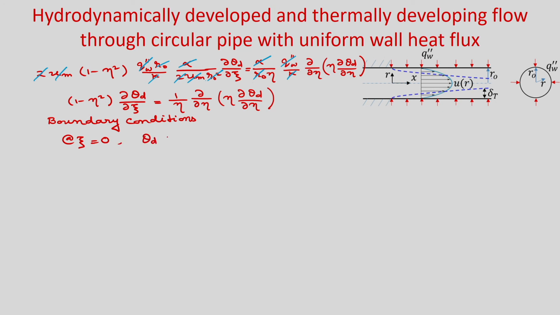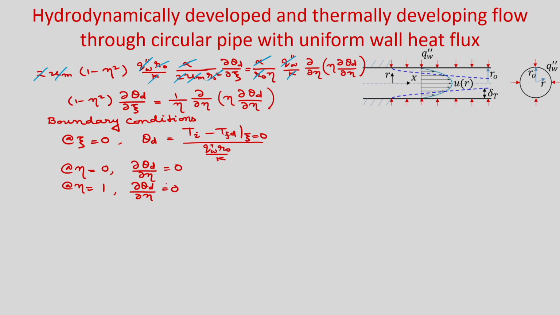So, theta d you can write as T I minus T F D at zeta is equal to 0 divided by q double prime w r naught by k, and at eta is equal to 0 you have del theta d by del eta is equal to 0, and at eta is equal to 1, because r is equal to r naught, so eta will be 1, del theta d by del eta will be 0.